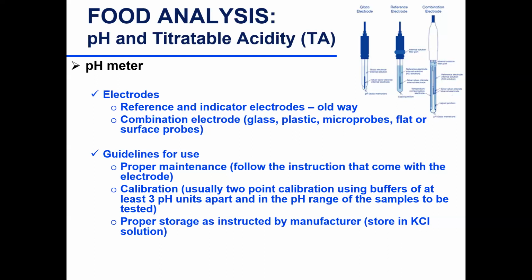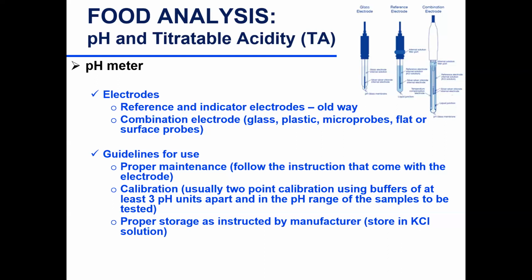You would calibrate the pH meter using usually two different solutions or three, but sometimes it is only a 2 point calibration, and you want to make sure that the pH standards that you use are 3 pH units apart. So either pH 4 and pH 7 or pH 7 and 10. You can use the three of them if you want to do a 3 point calibration.